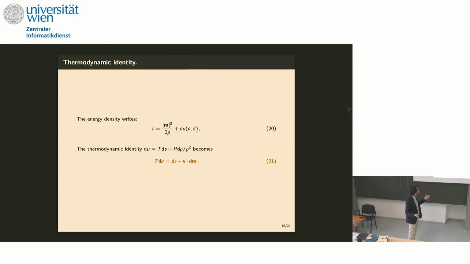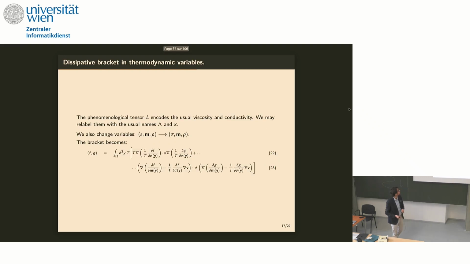So now that you have this, you can write the different conjugate variables, that is, the forces associated with the fluxes. You can write the canonical bracket that we wrote before for the dissipative part, and you can change variables to go back to the usual dynamic variables, where you change energy for entropy.